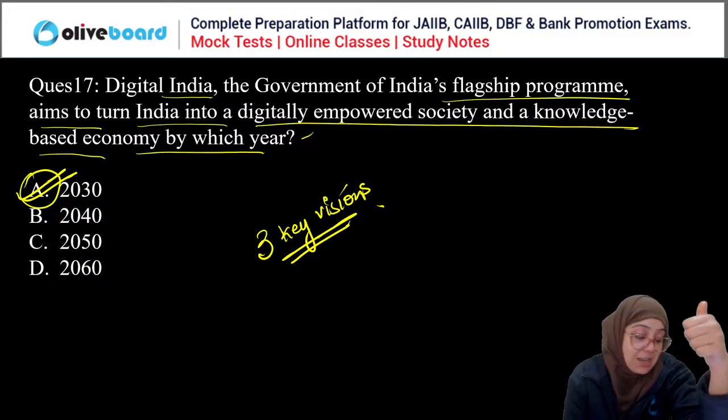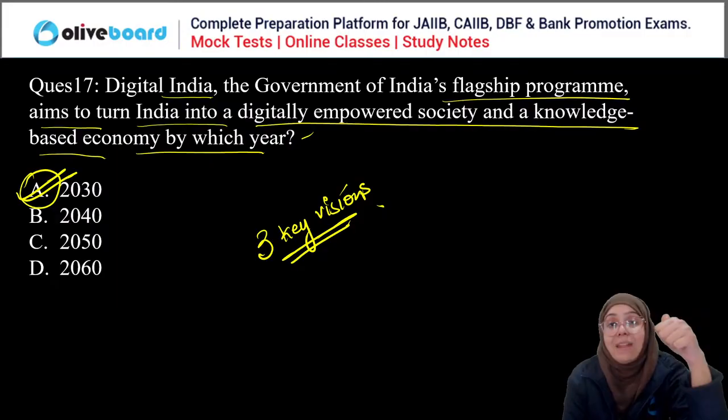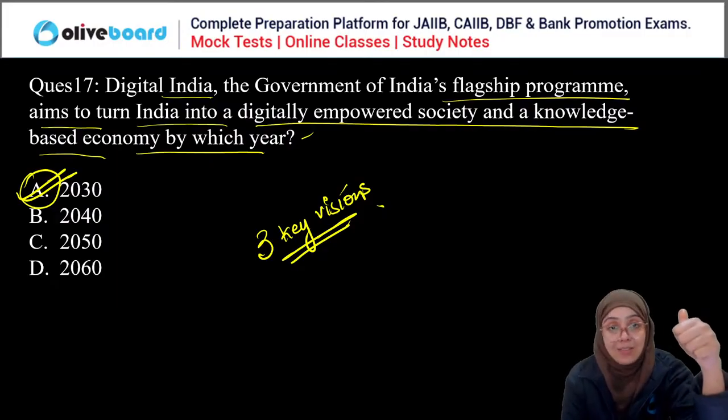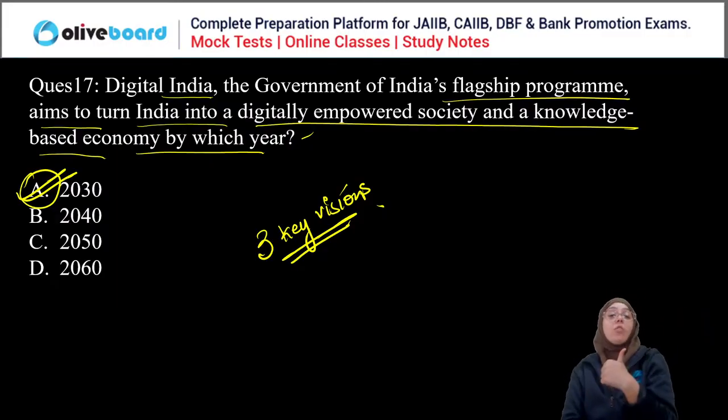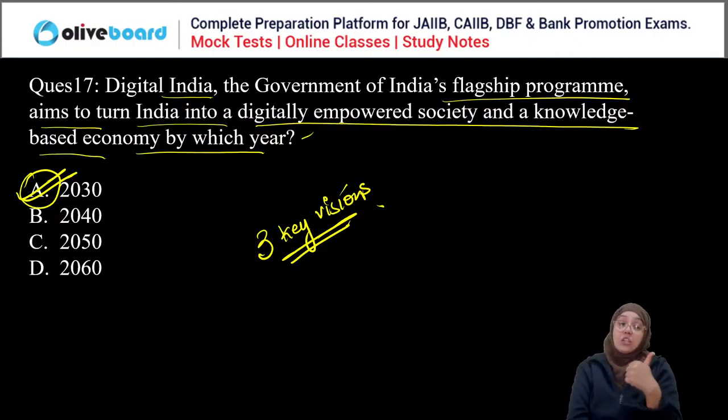First, digital infrastructure to be a basic utility for every citizen. The very first vision was that this digital infrastructure should be used as a basic utility for each and every citizen. Second, governance and service on demand.